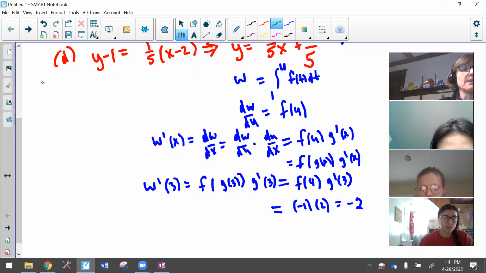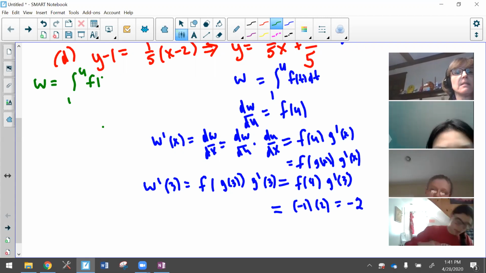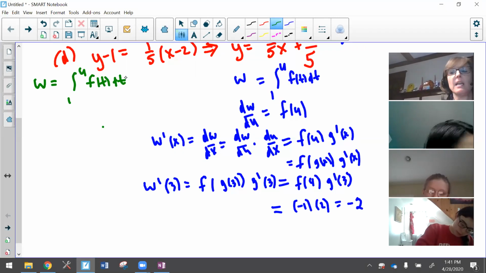I just want to put it in a different color. So I've got w is equal to the integral of f of t dt.